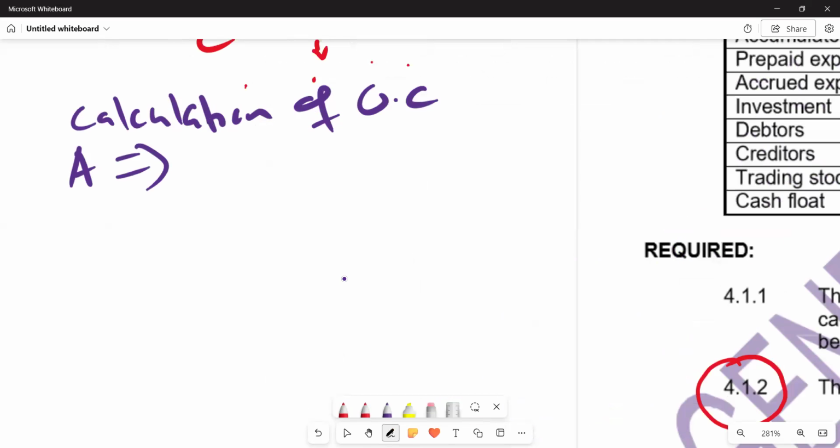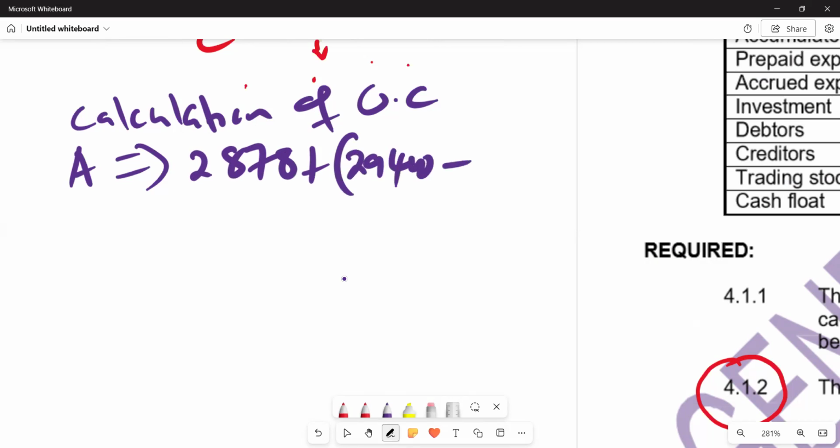We are saying 2,878 plus, then for the equipment we are saying 29,500 is the cost, and then we subtract the accumulated depreciation, which is 8,159, so that we get the carrying value.